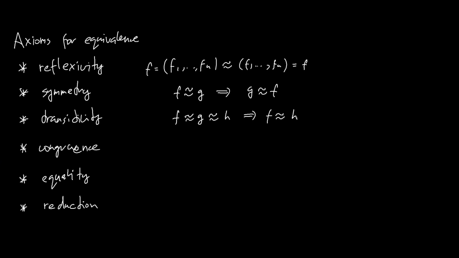The congruence property says that if I have a longer path where some middle part of it is equivalent to something else, then I can replace the middle part and the longer paths will remain equivalent as well. So imagine I've got a situation where I have, let's say, F1 up to Fn, and then some other thing, let's say G1 up to Gm, and then H1 up to Hk.